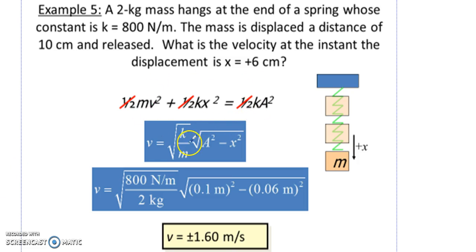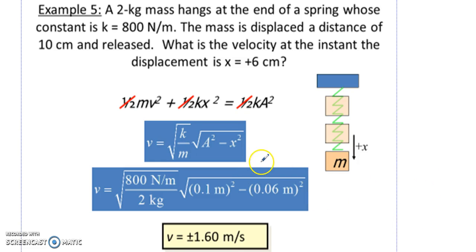Here we are using this. A 2 kilogram mass hangs at the end of a spring whose constant is k equals 800 newtons per meter. The mass is displaced a distance of 10 centimeters and released. What is the velocity at the instant displacement x equals plus 6 centimeters?